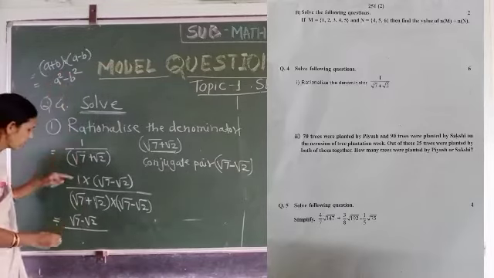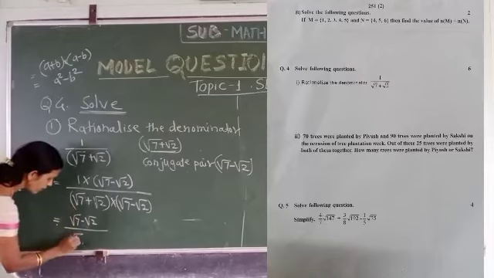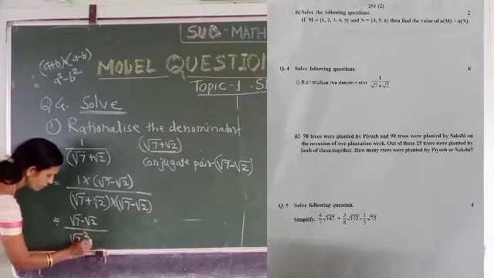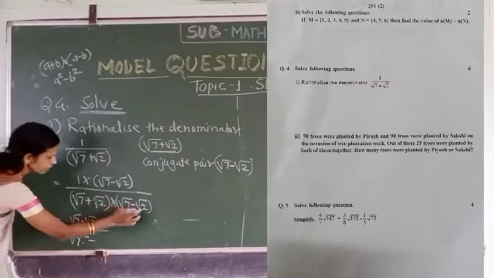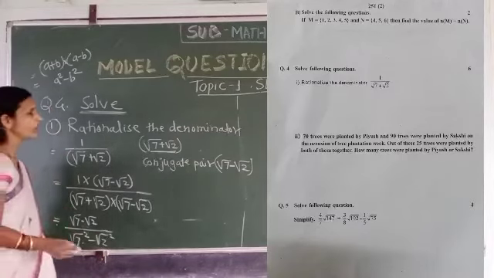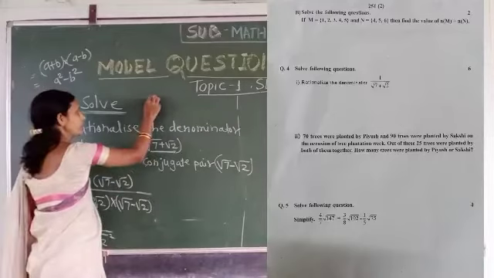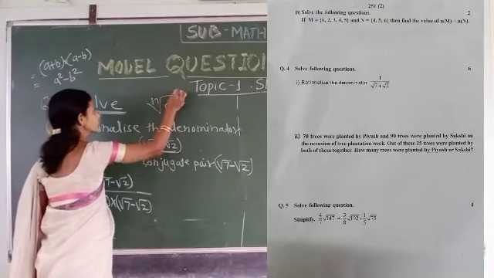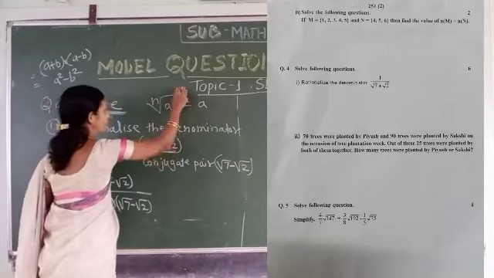Therefore we write root 7 square minus root 2 square, and all of you are aware that the nth root of a raised to n is a.